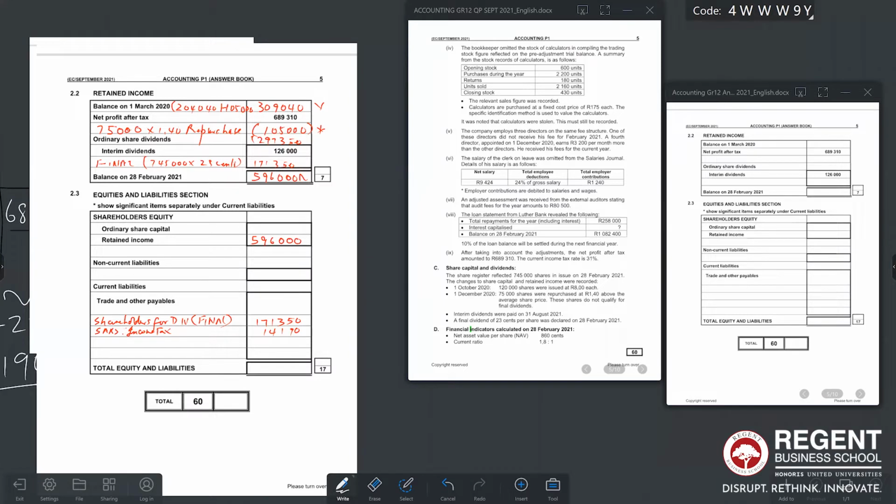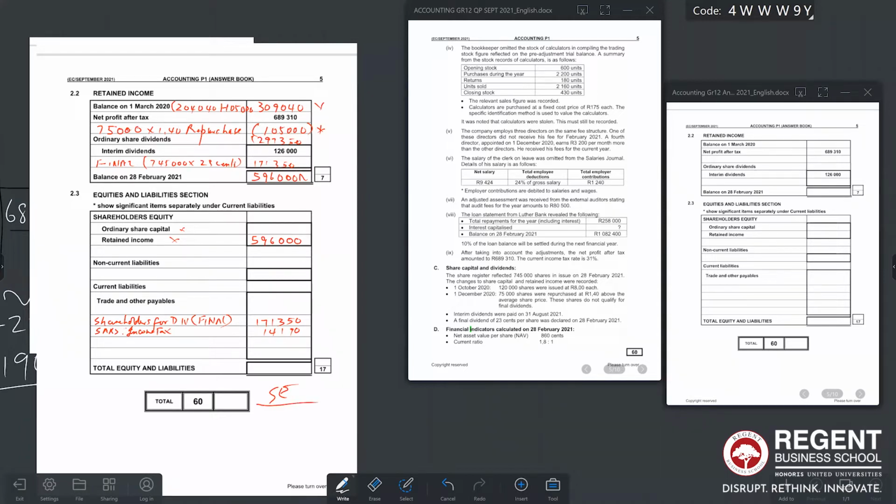One or two things. The formula, the method for net asset value. The formula is, anybody wants to type it out for me? The formula for net asset value is your shareholders' equity, which is made up of ordinary share capital plus retained income.